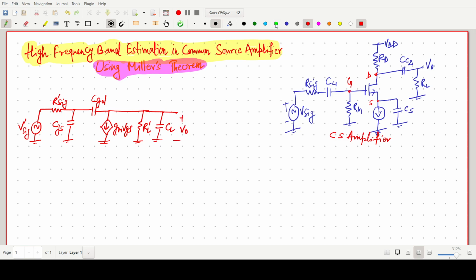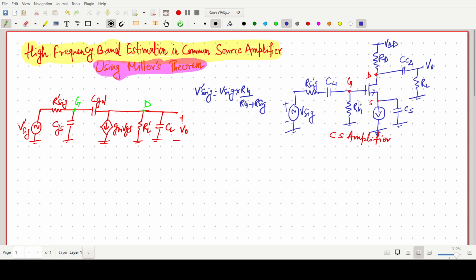So here, one more thing. This end is our gate and drain. Okay, so in this case, we are writing V dash signal, where this V dash signal is nothing but simply V signal into RG by RG plus R signal.